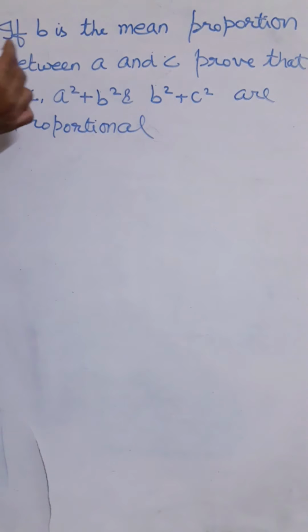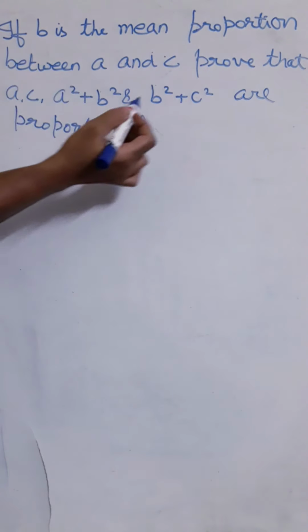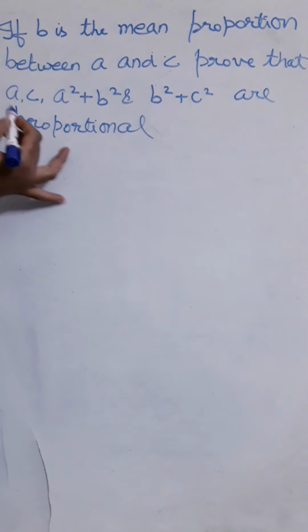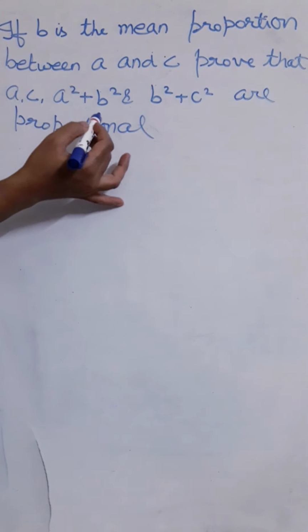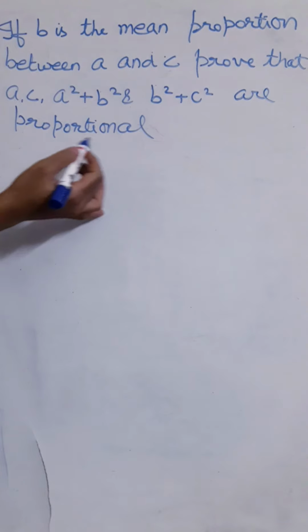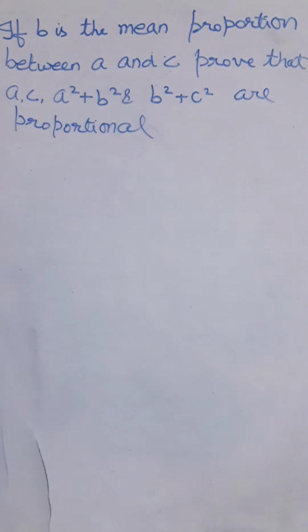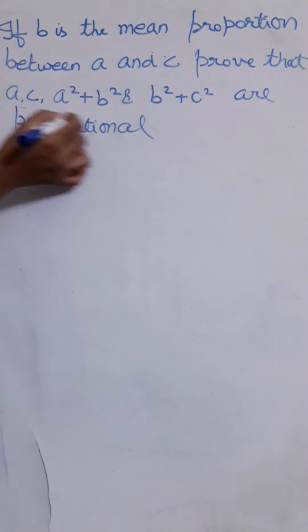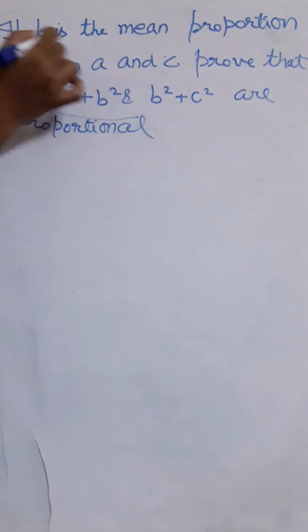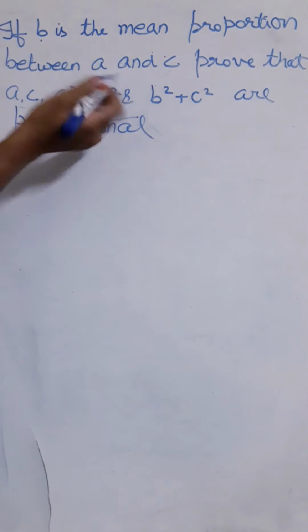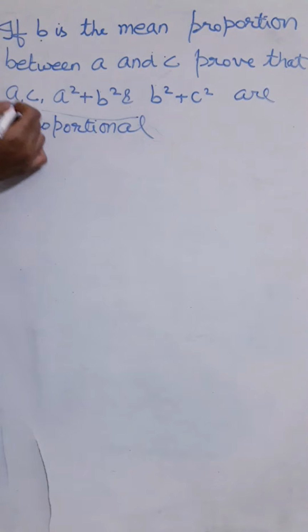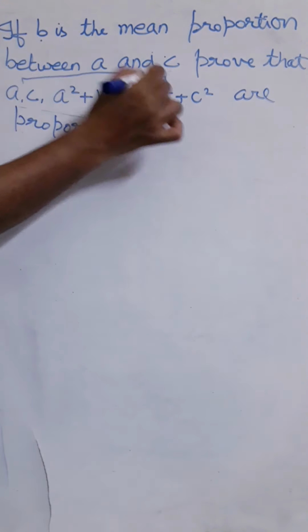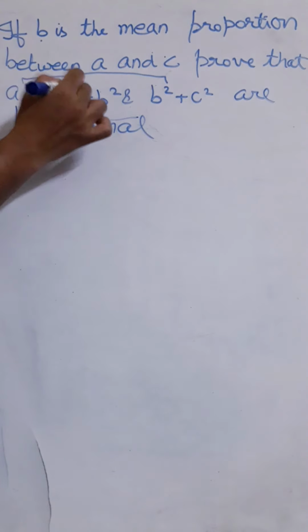Now we have a question. If b is the mean proportion between a and c, prove that a, c, a square plus b square and b square plus c square are proportional. So what I will do, I will start from here and then I will prove that a, b, c are in proportion. So if I am starting from here, again I can take multiplication of extremes is equal to multiplication of means.